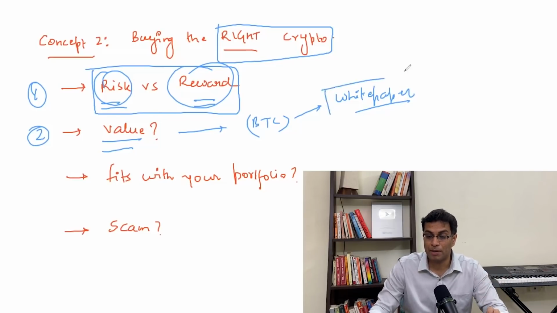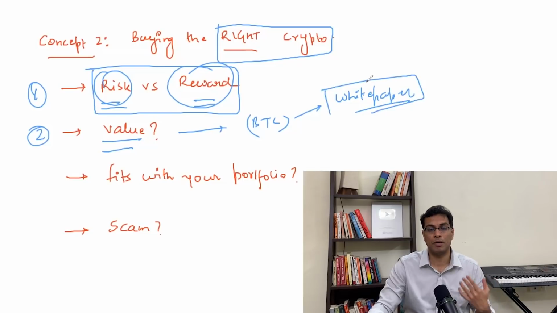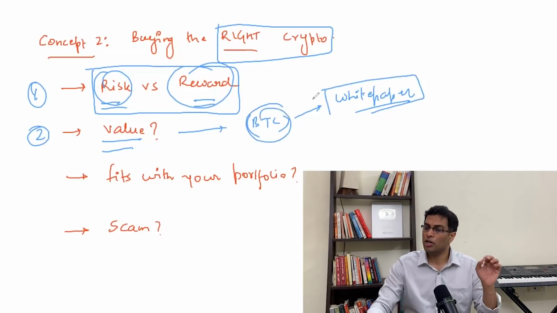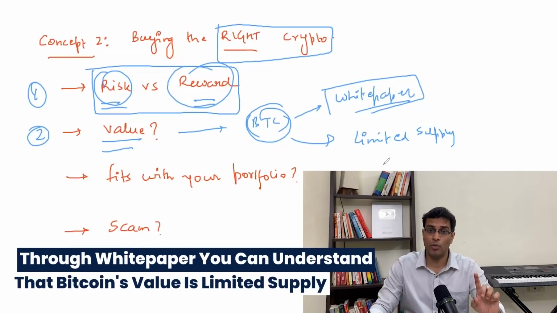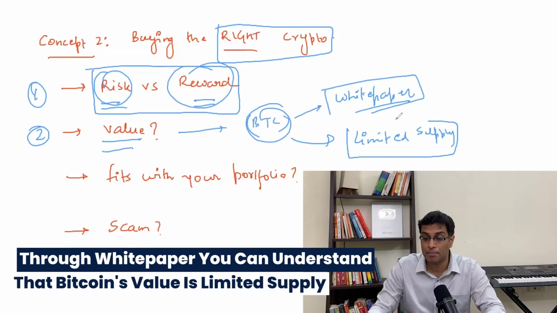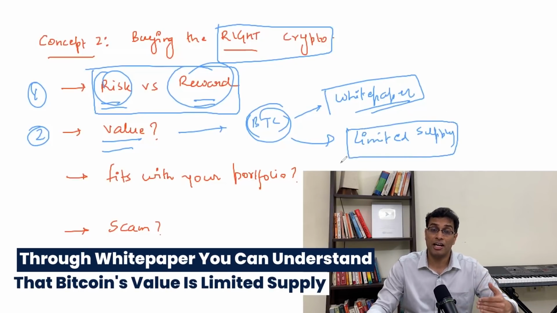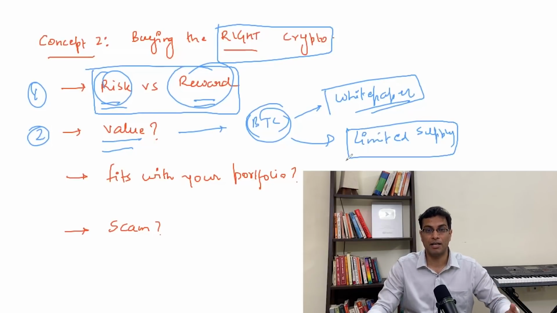The white paper is nothing but a research paper associated with Bitcoin. You read through it, you understand what the value of Bitcoin is, and you will be able to ascertain that the major value add of Bitcoin is its limited supply. So it acts as a hedge against excessive currency printing. You might have also observed that in 2020 and in the early part of 2021, when excess currency was printed, Bitcoin went up very high in value.